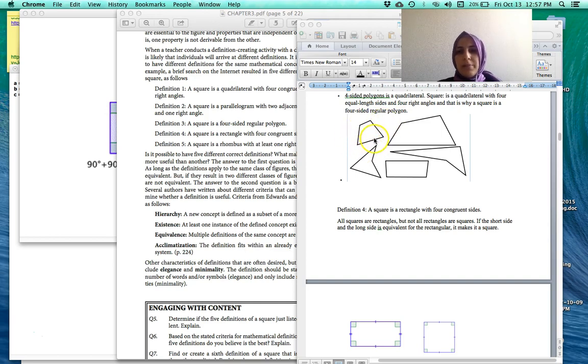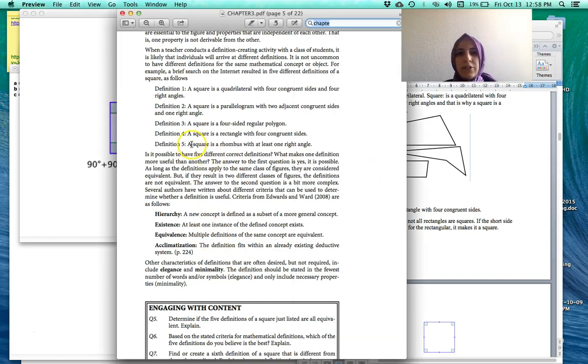As you see, these are polygons, but they are not squares. They do not have the same sides. If they have the same sides, it makes it a square. Definition 3 is like that.